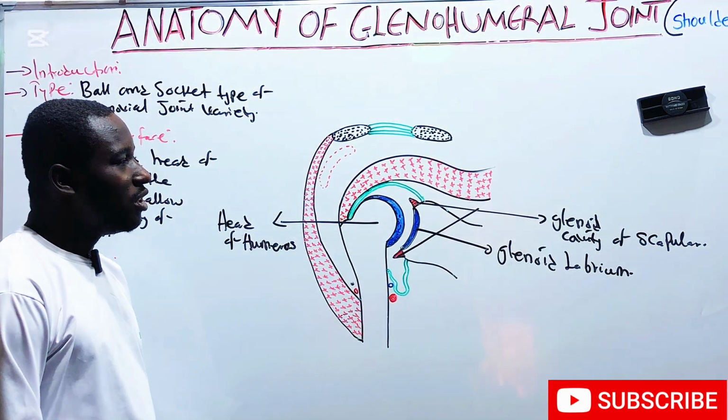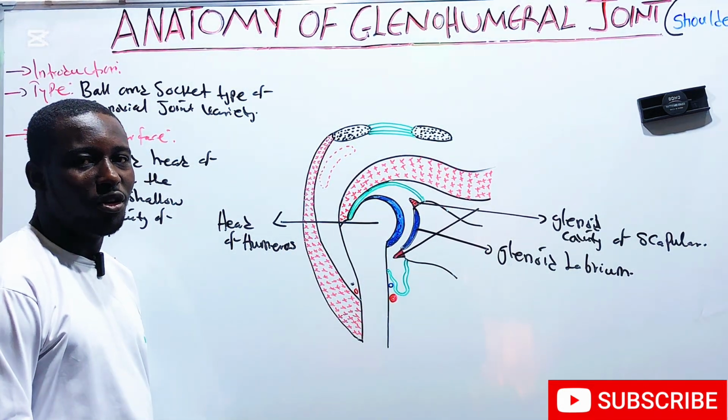So the shoulder joint stability is made up of four structures.